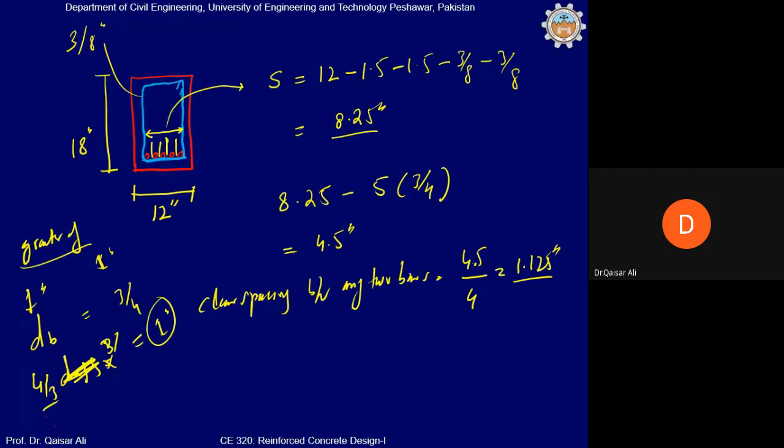So though the code allows this much clear spacing between the bars, as I told you in the previous class, we recommend that the clear spacing between two bars be at least 1.5 inches based on the local conditions at the field, at the site. Clear?